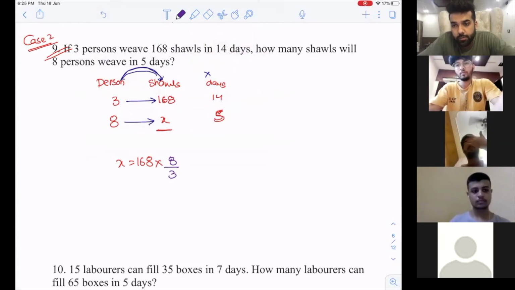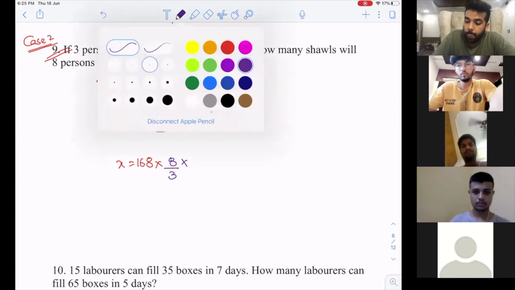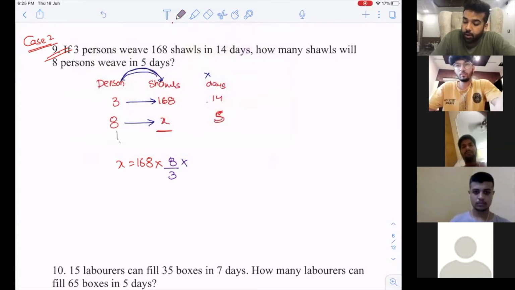Everybody clear or not? Moving ahead, now we compare this with this. इसको इसके साथ कभी कंपेयर नहीं कर सकते. We can never compare known quantities. इन दोनों को नहीं कंपेयर करेंगे because both are known quantities.